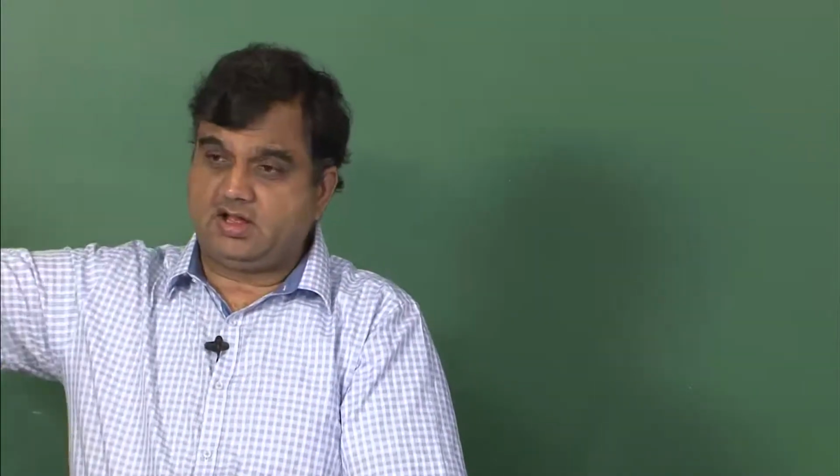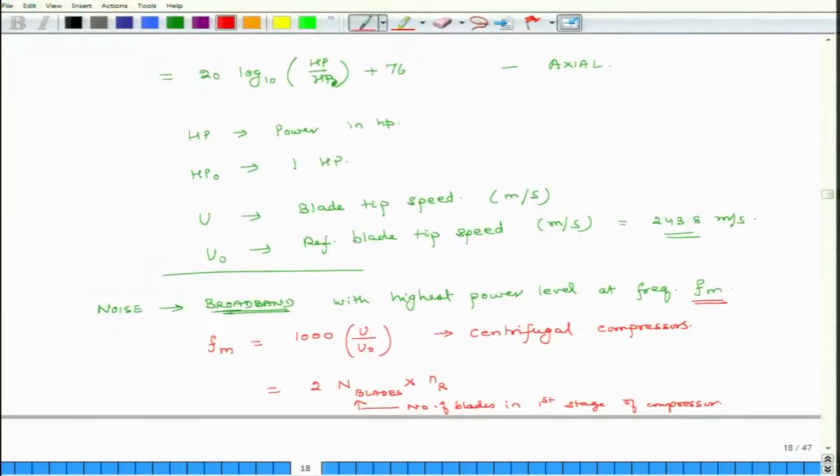You have a first stage where you go from some pressure to a higher pressure, then you take that as the input and again. So, they are multi-stage compressors. So, first the number of blades in the first stage compressor, and this Nr is revolutions per second. So, I should write little r, RPS. So, this is for axial.